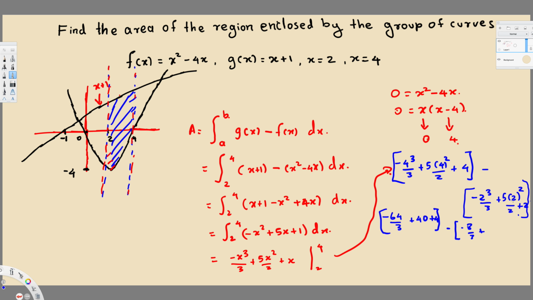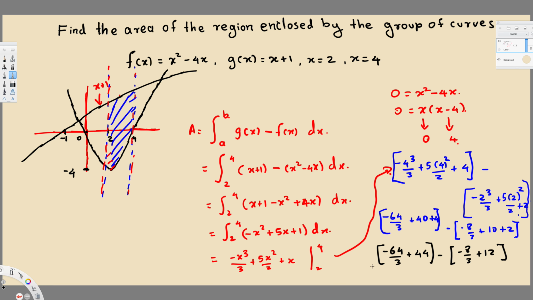Plus 5 times 2 square. We know that 2 square is 4. 4 times 5 is going to be 20. 20 divided by 2, that's going to be 10. And then plus 2, right? Let's simplify this one. So here we have minus 64 over 3 plus 44, and on the other side we have minus 8 over 3 plus 12.